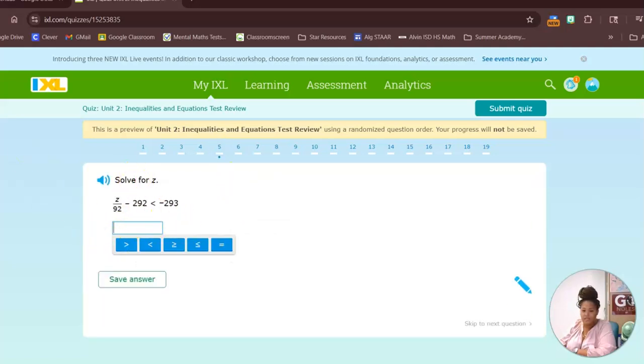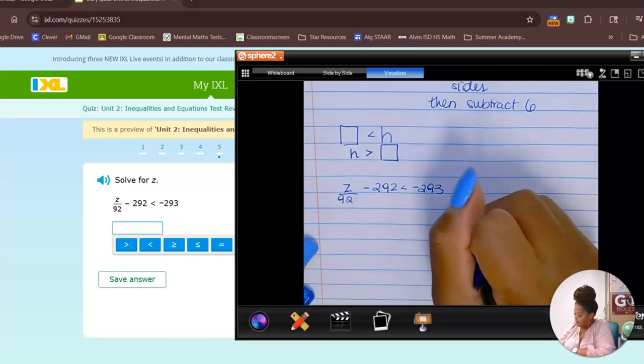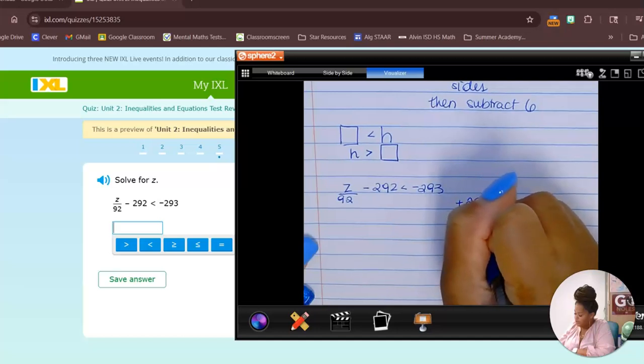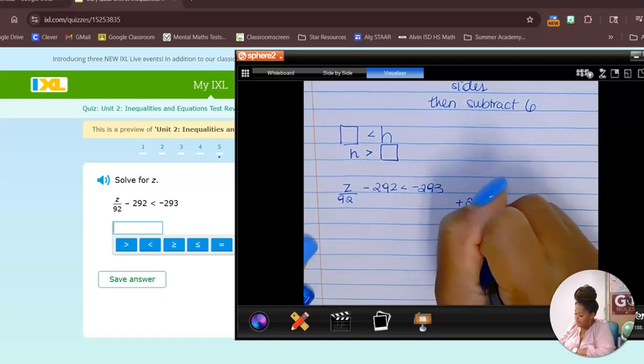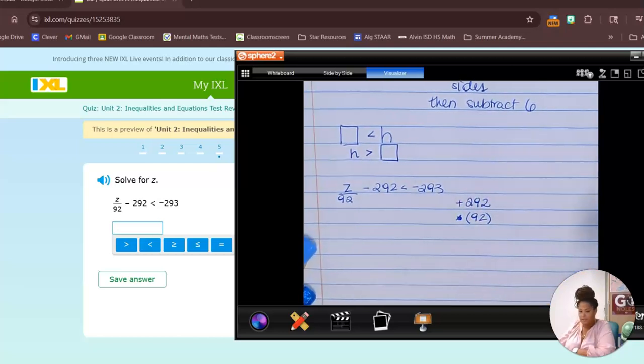Solve for z. So z is being divided by 92 and then subtracting 292, and it's less than negative 293. So we would add 292 to both sides and then multiply by 92. I'll make this a big dot actually on both sides.